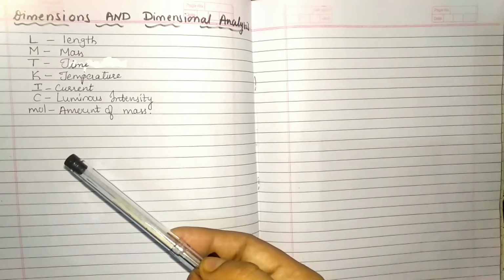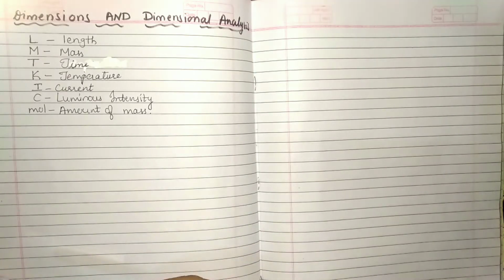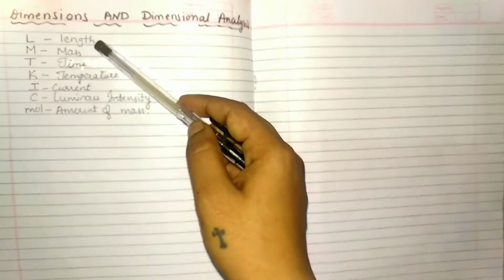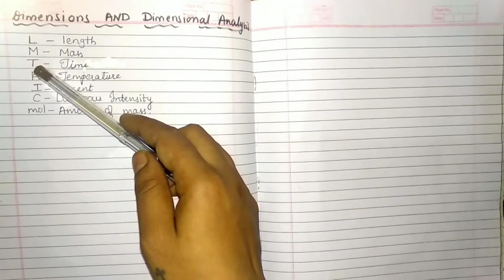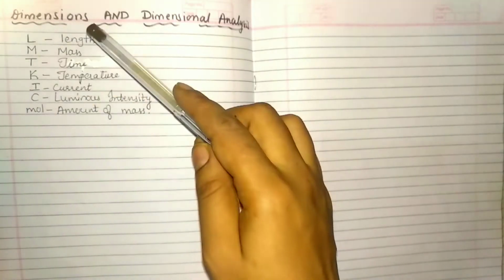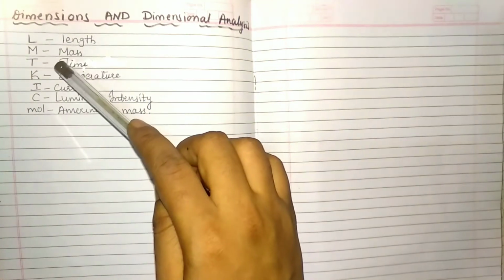And if you're talking about velocity, what is the formula for velocity? That is displacement upon time. Displacement in terms of length, time in terms of T. So we can say velocity has two dimensions, length and time.